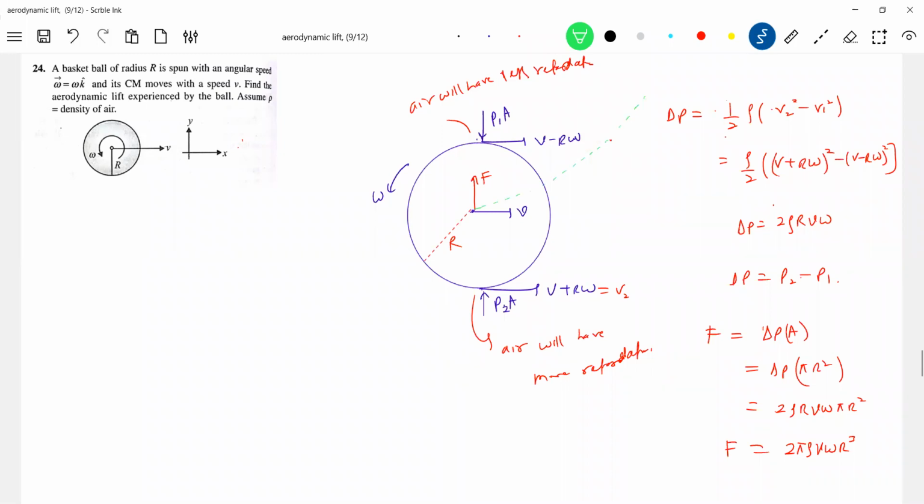This will be the trajectory of the ball. This F is called the Magnus force.